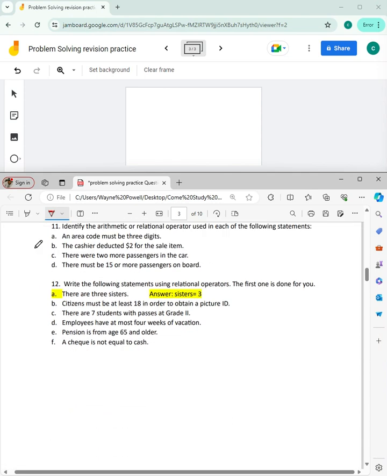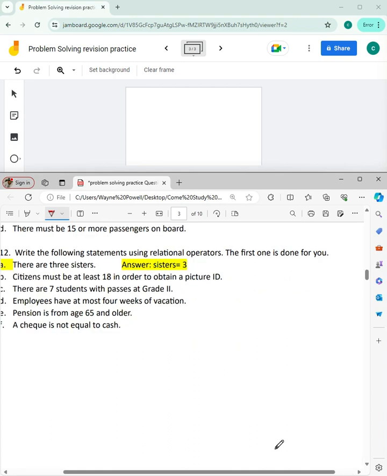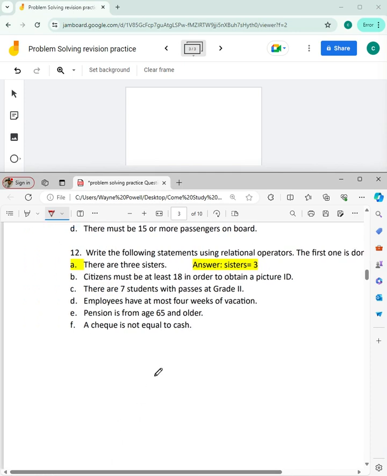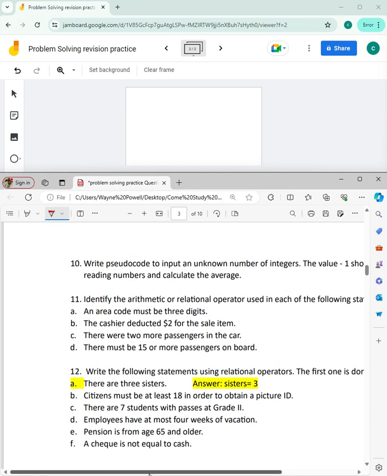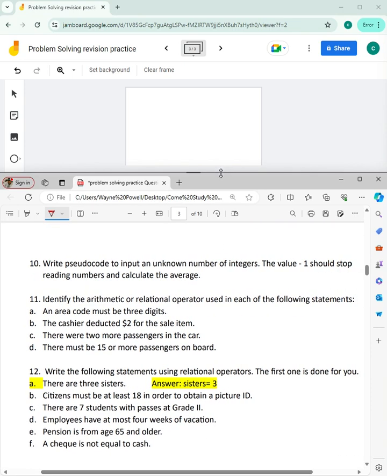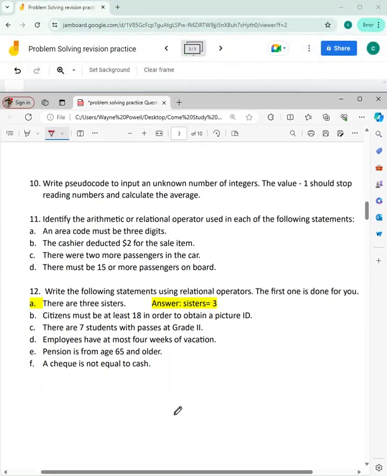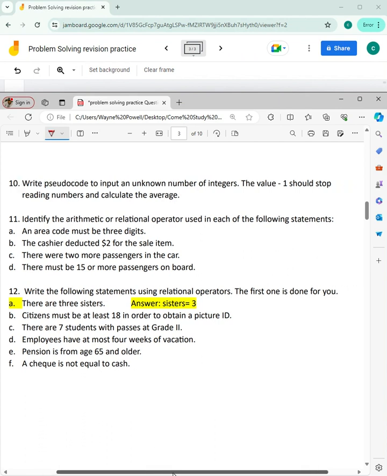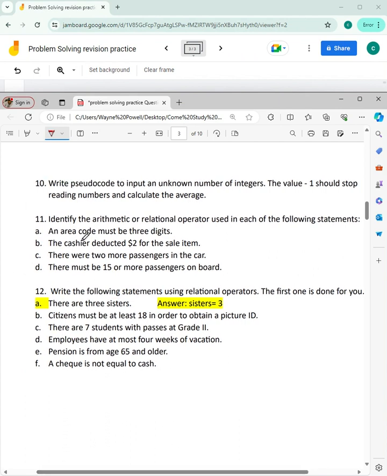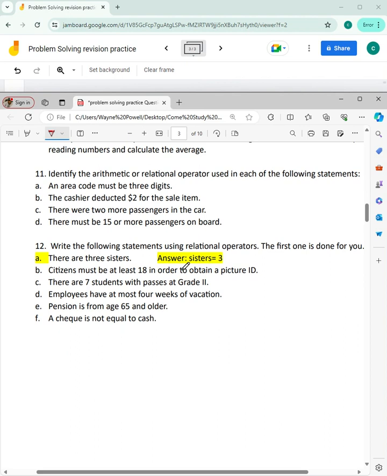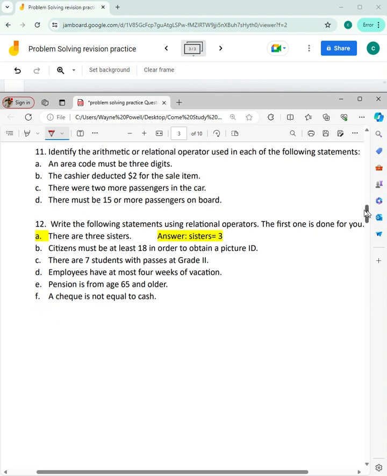Moving on. Let's zoom in for this question, to make sure we're seeing clearly what the question is. Identify the arithmetic or relational operator used in each of the following statements.